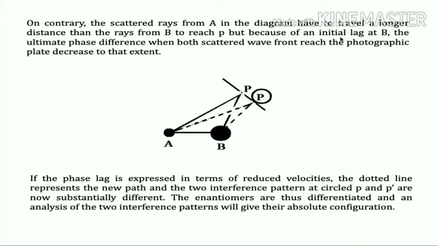But because of the initial lag at B, the ultimate phase difference when both scattered wavefronts reach the photographic plate decreases to that extent.